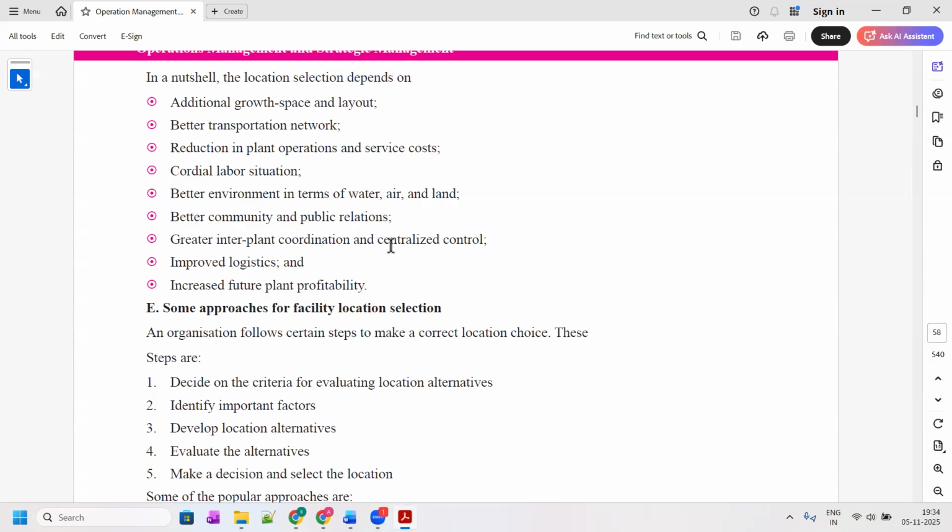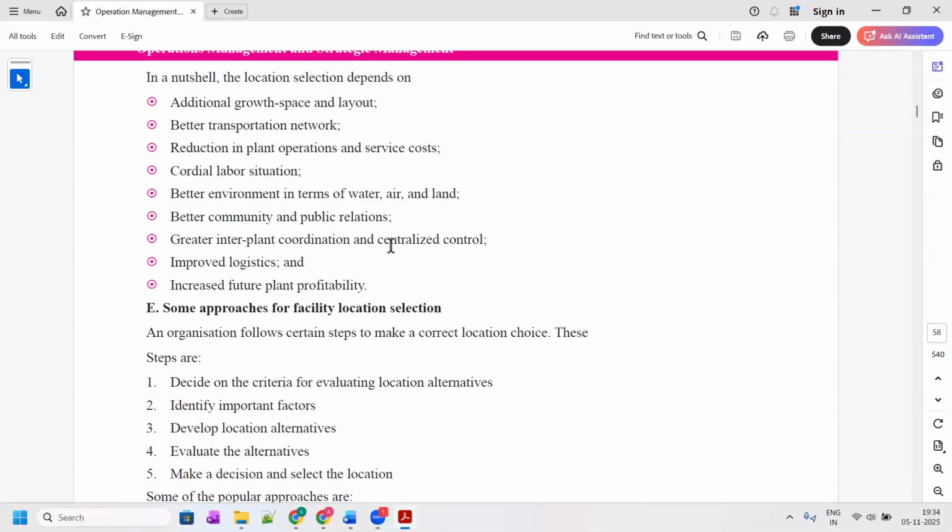Imagine once your finished good is ready, if it takes a lot of time to reach the end consumer, that would increase your logistics or supply chain management cost. So many times the company thinks about manufacturing closer to the end consumer.